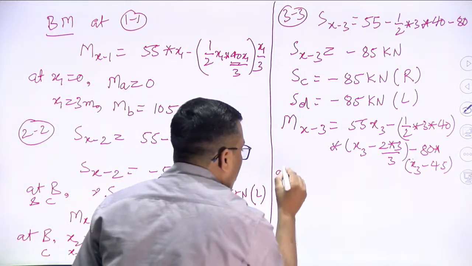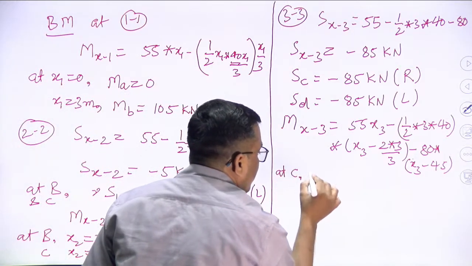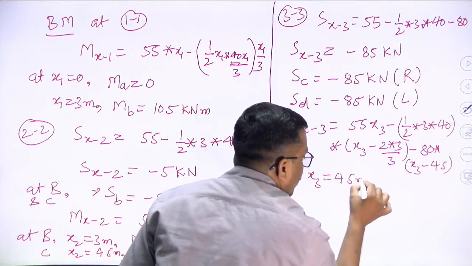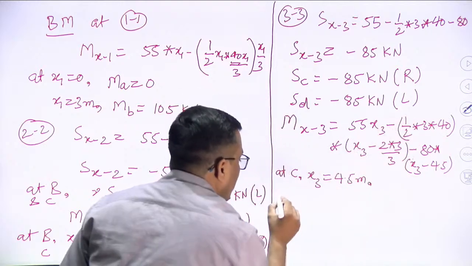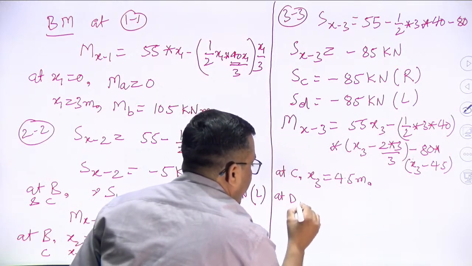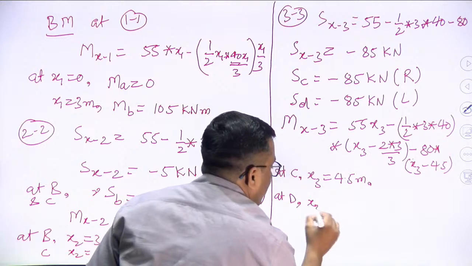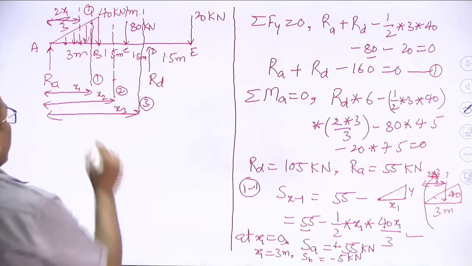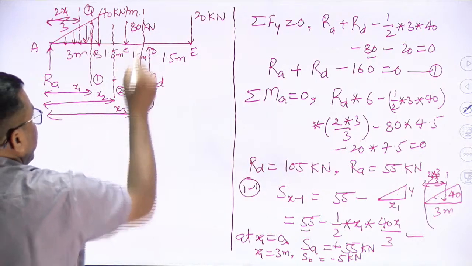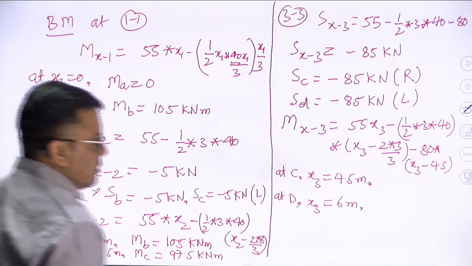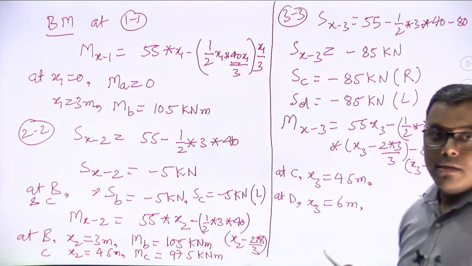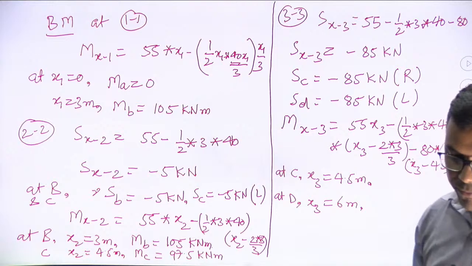So at C, x3 equals to 4.5 meters. So please put the value. At D, x3 equals to 6 meters, I hope. Is it? Yeah, 4.5 for C and for D it is 6 meters. Put the values and find out quickly, please.